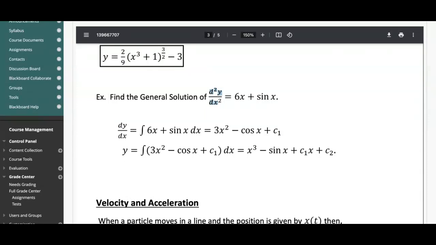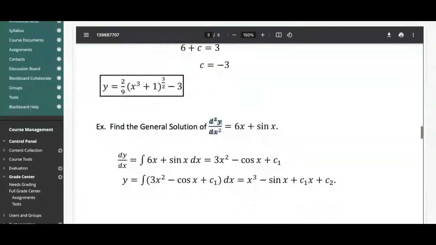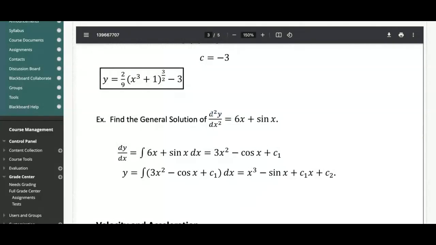So we can do it like this, or also we can do this one, right? Both are the same? Yes. Notation-wise, right, they're representing the same thing. I like to use y double prime because it's less writing. Yeah, d square y over dx squared.